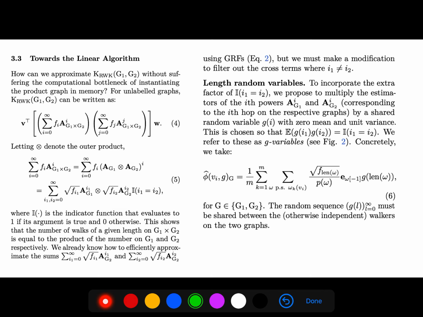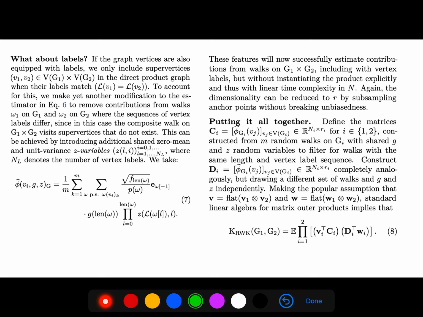For an unlabeled graph, we can write this like this. To incorporate extra factors of i, we propose to multiply the estimators of the i's powers by a shared random variable g with zero mean and unit variance. So we call these g variables. What about labels?